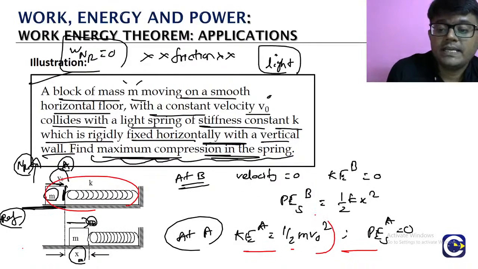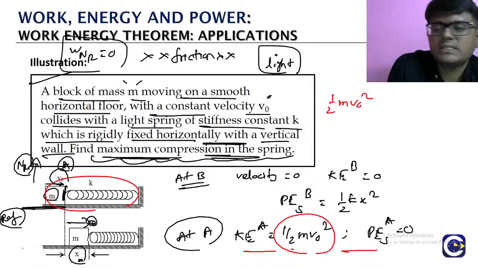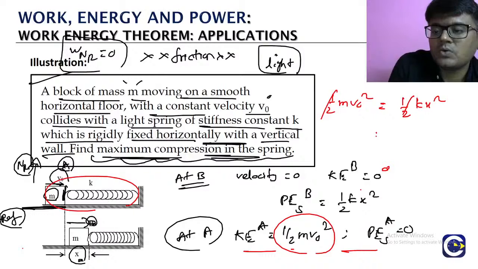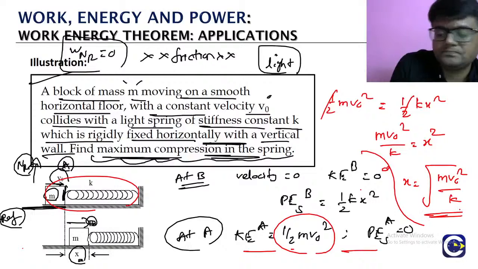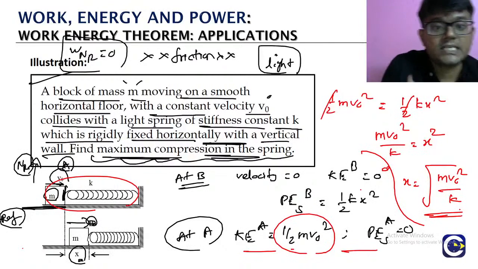So initially kinetic energy is half m v naught square, potential energy is 0, equal to the kinetic energy plus potential energy in the final state. Kinetic energy 0, potential energy is half kx square. Half is cancelled, so m v naught square by k is x square. So from here x is root of m v naught square by k. So that is the maximum compression.